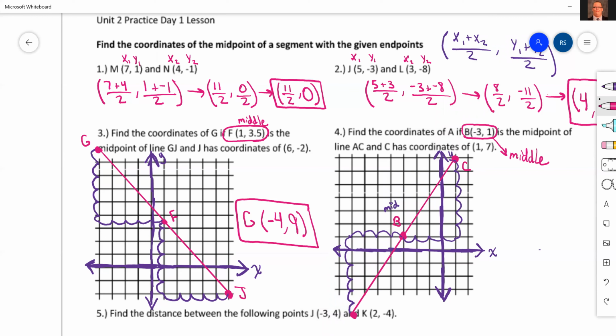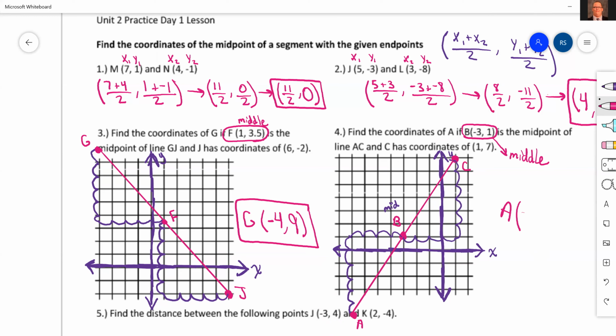So that's our coordinates for A. Kind of down here in problem 5, but that's okay. So A is what? How much did I have to go? What's my X coordinate? 1, 2, 3, 4, 5, 6, 7.